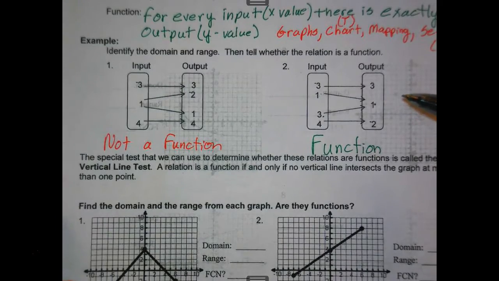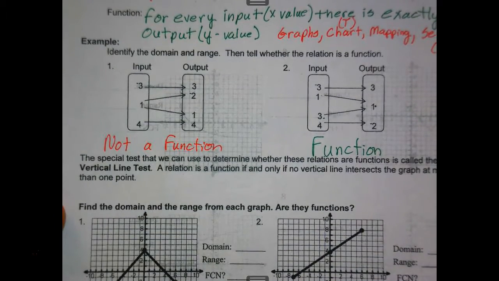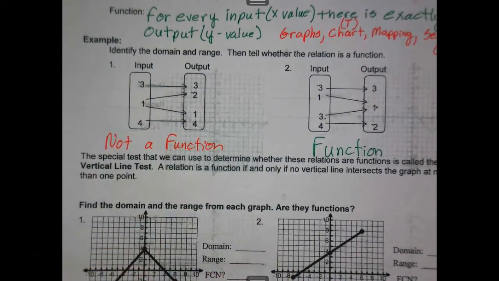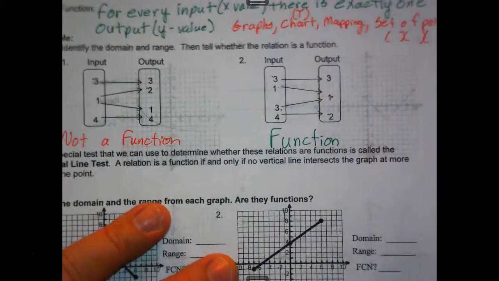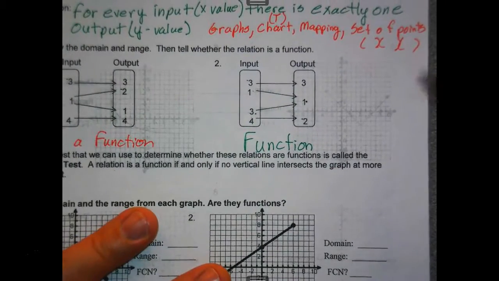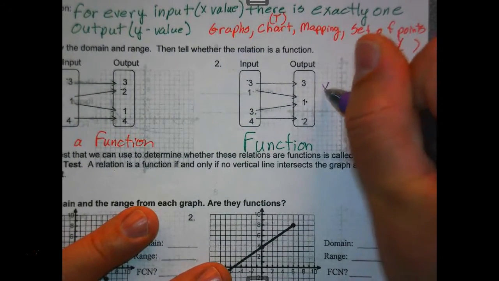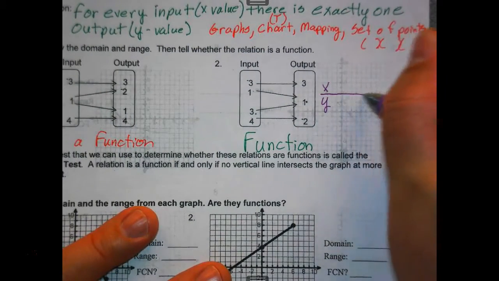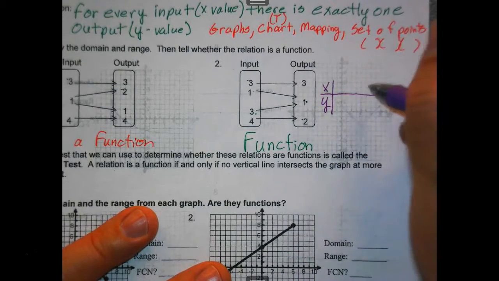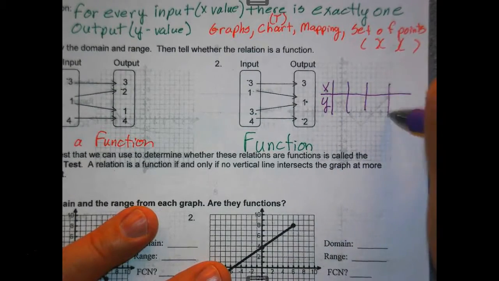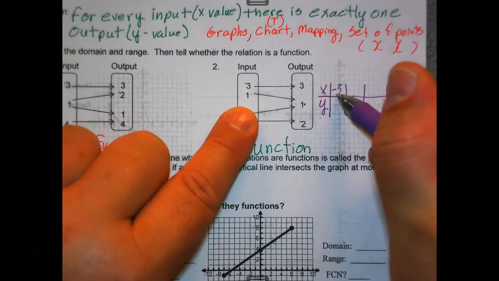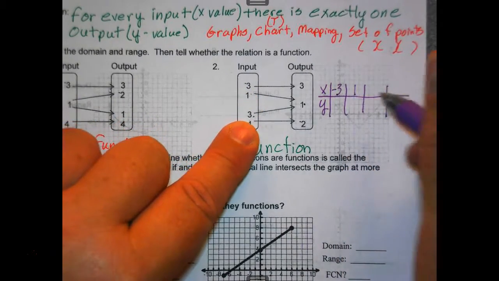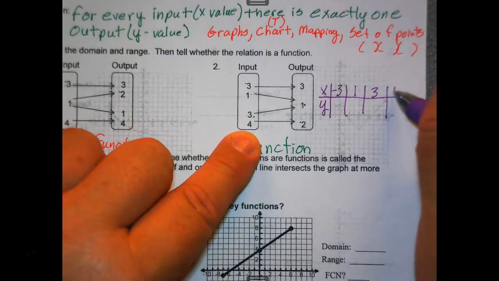Now, there's a couple of easy ways to see this. I think one of the easiest ways is to make your T-chart. I'm going to make my T-chart vertical. Okay, my X values here, -3, 1, 3, 4.